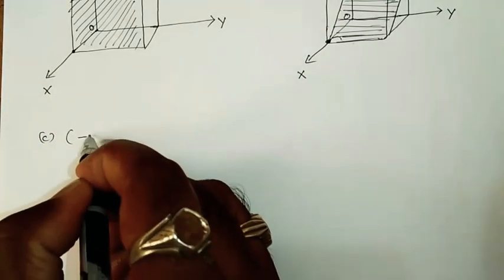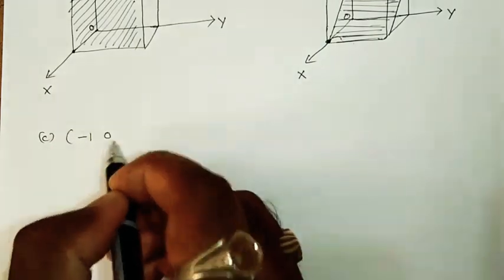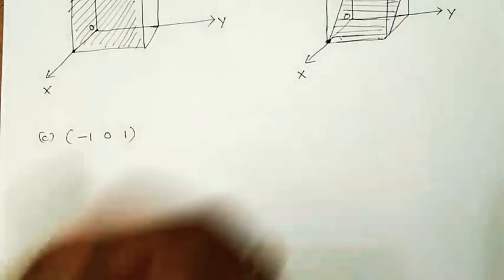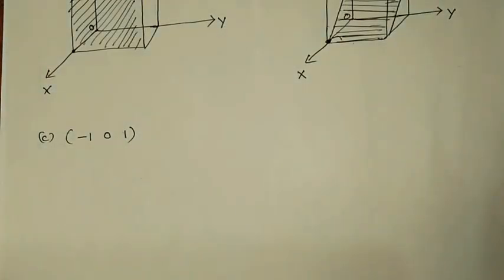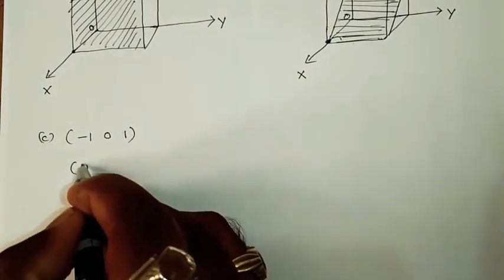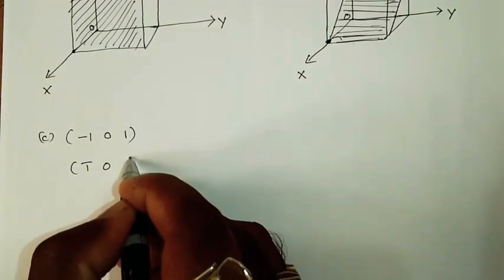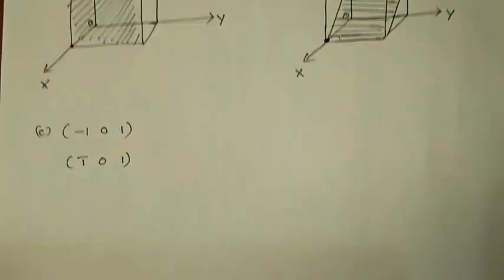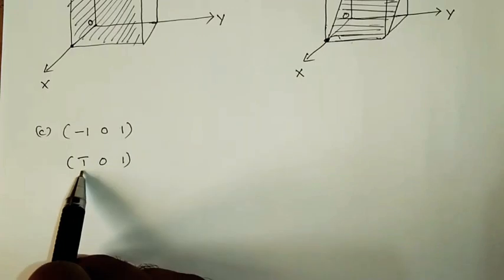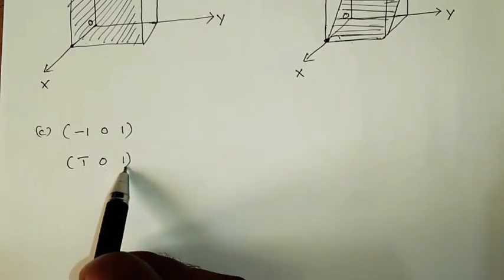Fine. So -1, 0, and 1. So this is the plane. So -1 means this is 1 bar, 0, 1. So we have the plane, we have the Miller indices 1 bar, 0, and 1.